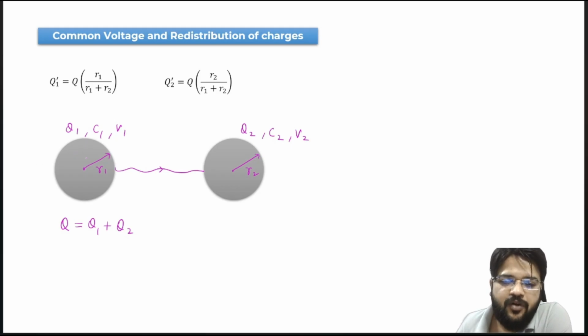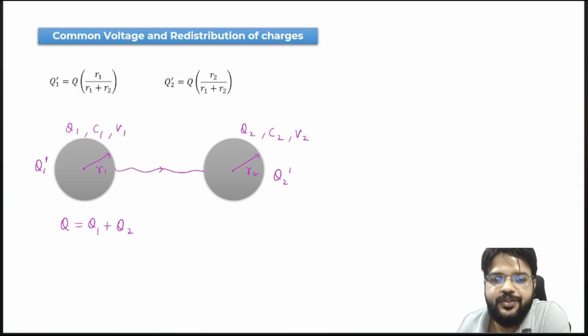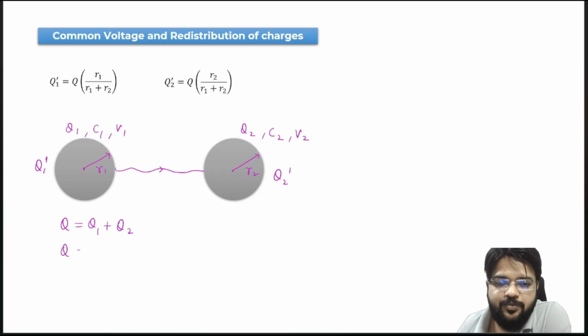After connecting the wire, redistribution of charges happens, with Q1 dash charge on the first conductor and Q2 dash charge on the second conductor. This is the final charge after redistribution. But charge is conserved, so Q1 dash plus Q2 dash should be equal to Q.